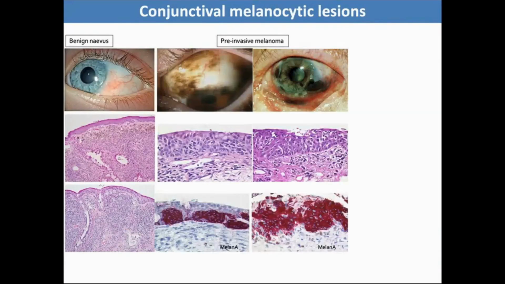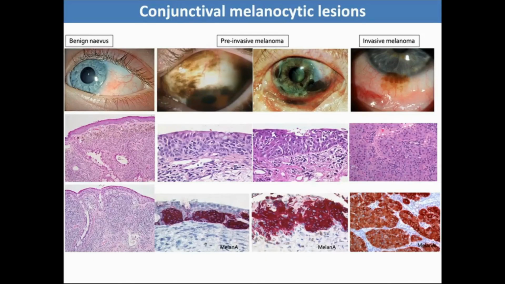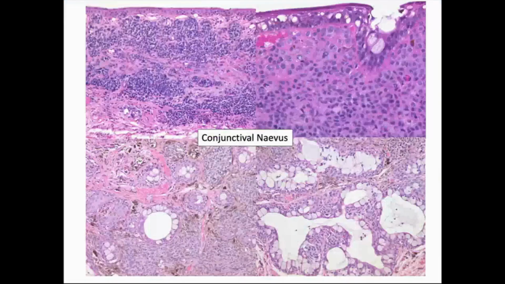We can have benign nevi, we can have pre-invasive melanoma or melanoma in situ, and then we can have invasive melanoma. Just starting with the conjunctival nevi, they're very similar to what I showed you before in the eyelid nevi. However, more often than not, within the conjunctival nevi you have these cysts. These cysts vary in size, and lining the cysts you can have numerous goblet cells which secrete mucin.